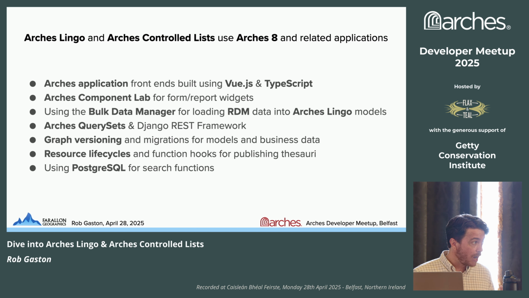So we anticipate that over time, there may be changes to models that we need to implement, and we'll be implementing those as migrations, Django migrations, that is, taking advantage of this graph versioning work that allows us to identify what version particular data sets are of. There's this feature of resource life cycles, which Christopher talked about, I believe, in the online developer meeting earlier this year.